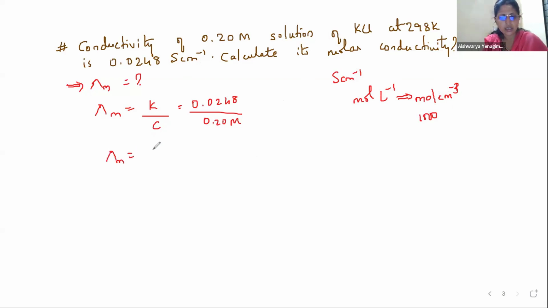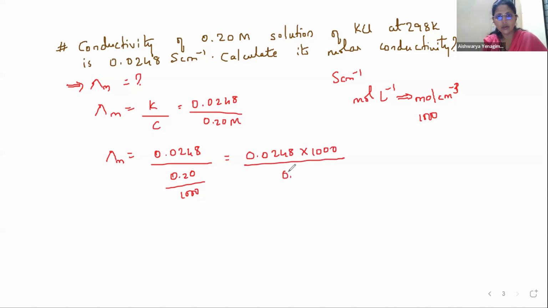Molar conductivity is equal to 0.0248 divided by 0.20 by 1000. So I can write it like this: 0.0248 into 1000 by 0.20. Solve it out. You will get the answer 124 Siemens centimeter square per mole.